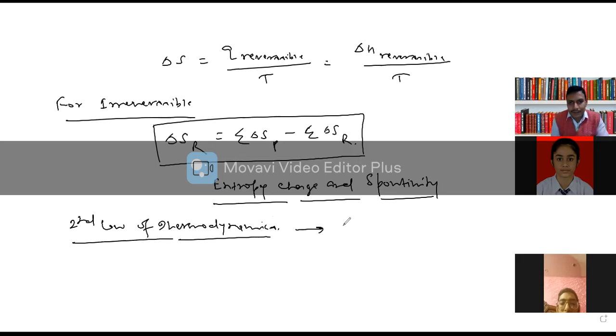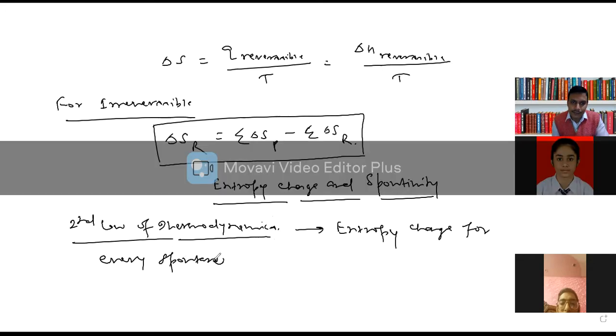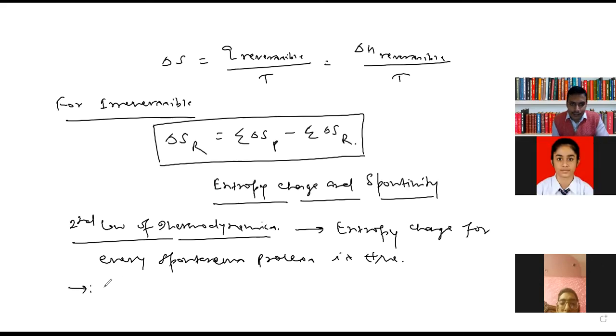What it said? Entropy change for every spontaneous process is positive. And you can write another statement.